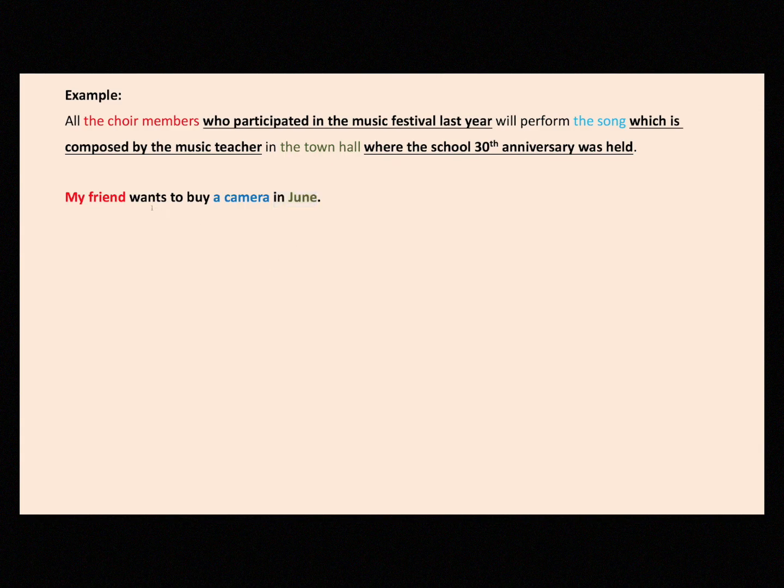So what I'm going to do at this moment is to put relative clauses to talk about these three things. As for my friend, I can say my friend who likes taking photos. Which friend is it?